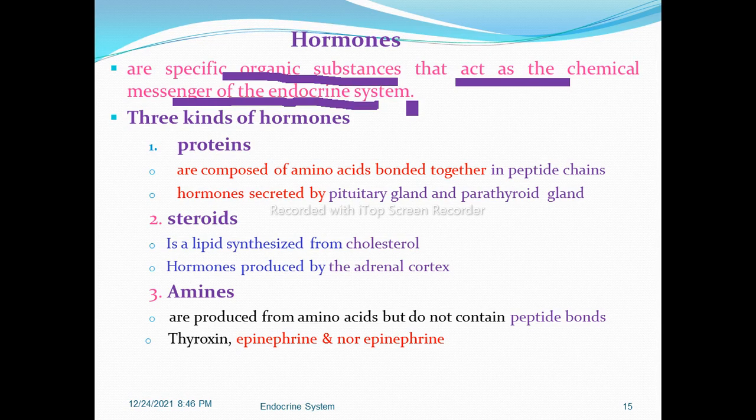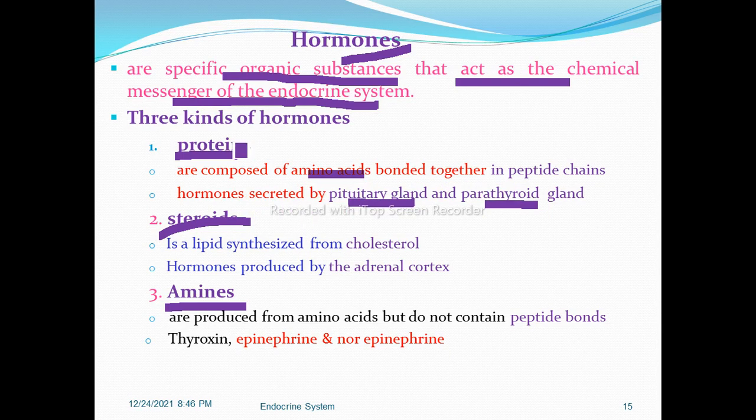Hormones can be classified into three types: proteins, steroids, and amines. Proteins are composed of amino acids bonded together in peptide chains. Hormones secreted by the pituitary gland and parathyroid gland are proteins.